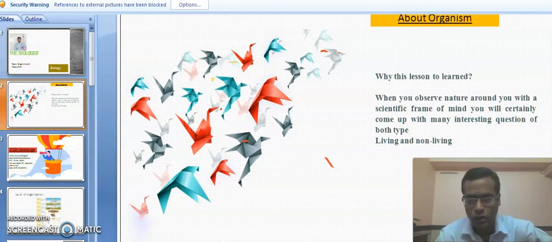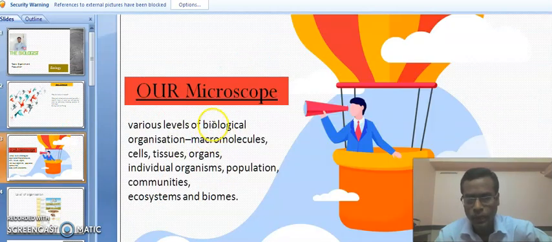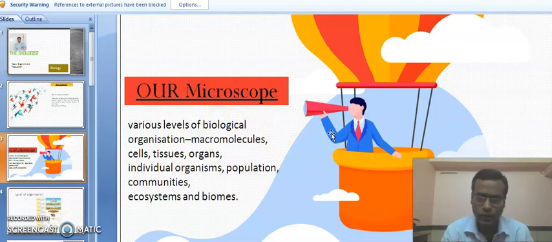we have to learn about the various levels of biological organization, if we see them from the microscope, like the micromolecules, cells, tissue, organ, individual, organism, population, communities, and ecosystem and biomes.